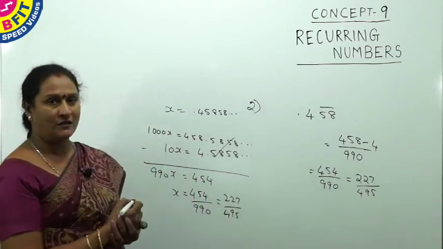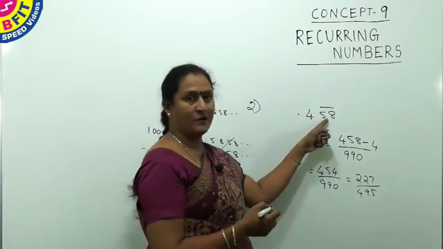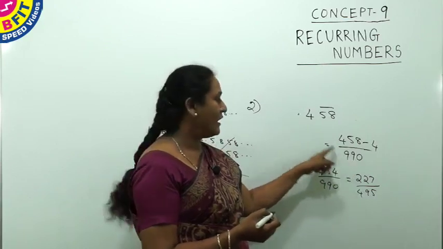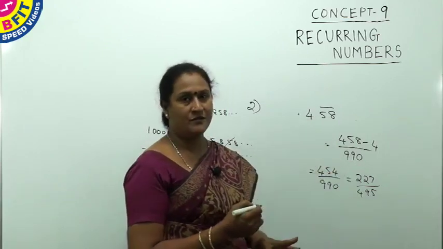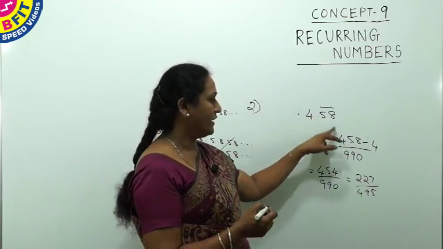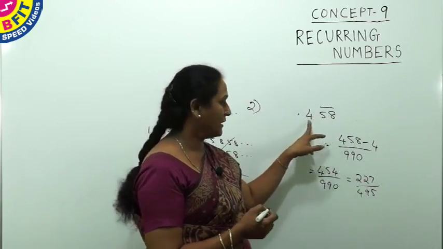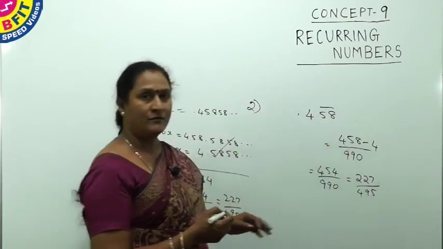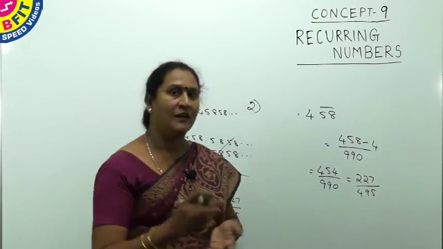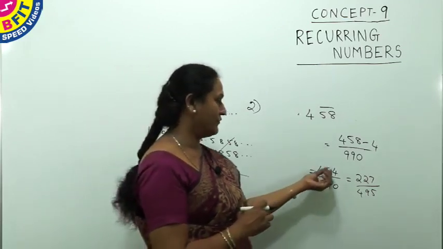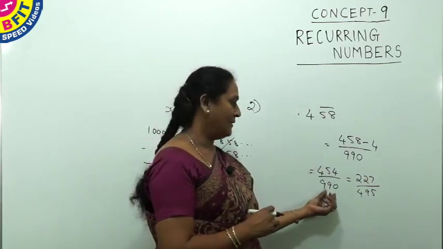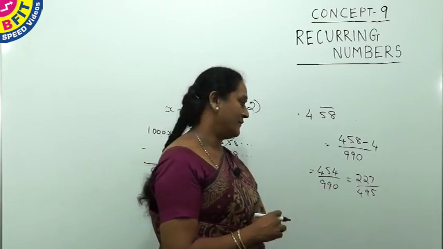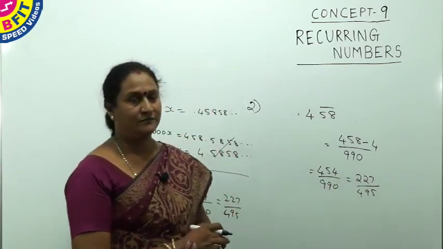Instead of doing all this, for the recurring numbers write as many 9s, and for the non-recurring number 0, and from 458 subtract the non-recurring number. Just using this shortcut we can find the value. So it is 454 by 990, which is equal to 227 by 495.